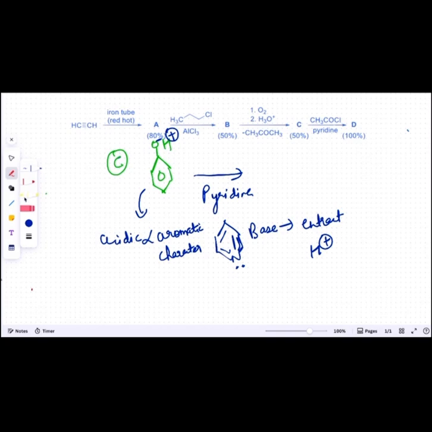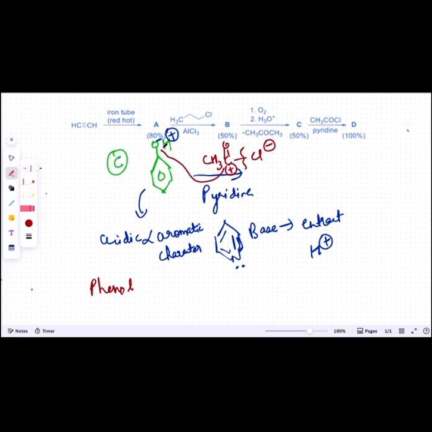Now when we break up the acid chloride molecule, the C double bond O bond I cannot break because that will require more energy. If I break the C-CH3 bond, that will not produce enough polarity to do this reaction. So the last option I have is to break the C-Cl bond, which will give me polarity. C will be positive and Cl negative due to the high electronegativity difference.